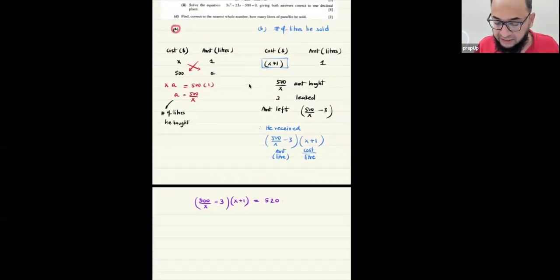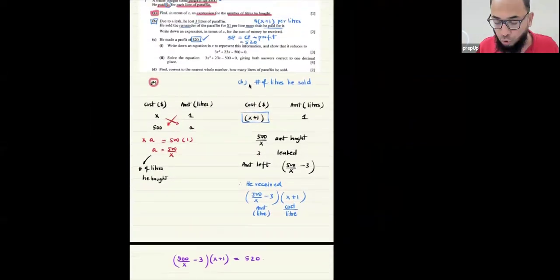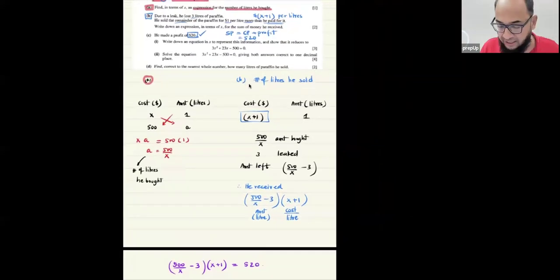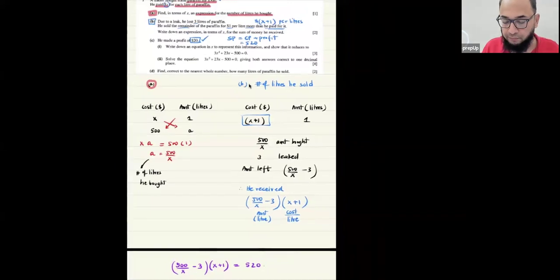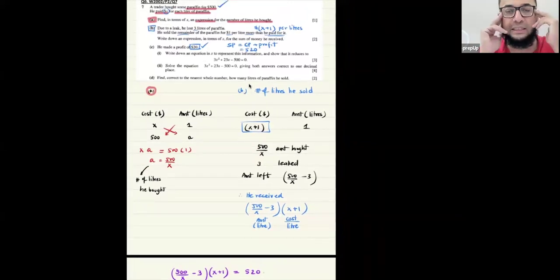Now let me minimize it a bit. I want you to go over it, look at it comfortably, and then I'll continue with the question. I'm not pausing the recording. I just want you to have a good look at it. Read everything from the top, go down, go through each part. Let me just check something.